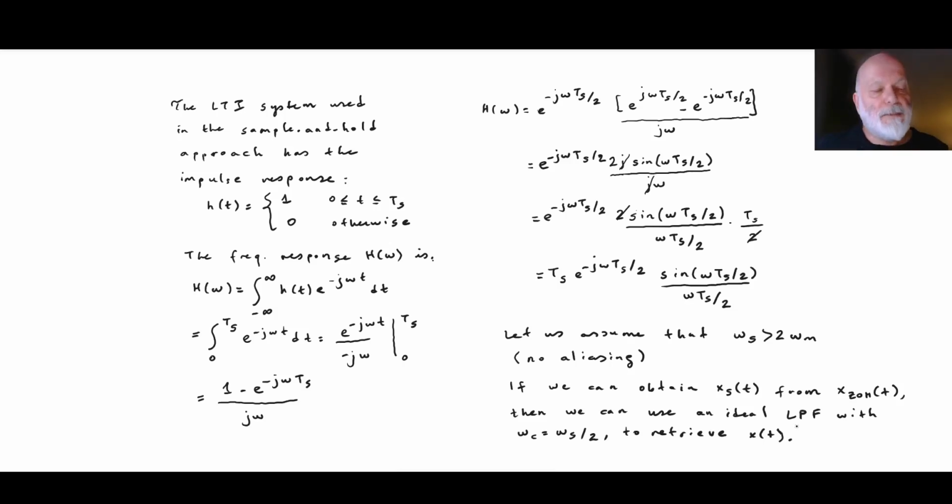Now let us look at the details of this step of our calculation. Okay, we know that xZOH of t is xs of t convolved with h of t, the rectangular pulse. So in the frequency domain, capital XZOH of omega is equal to Xs of omega times H of omega.